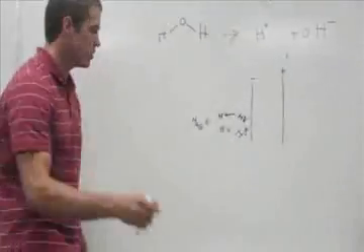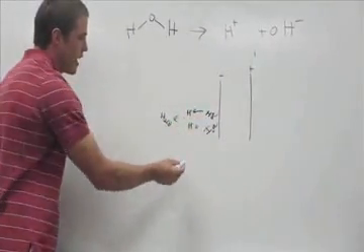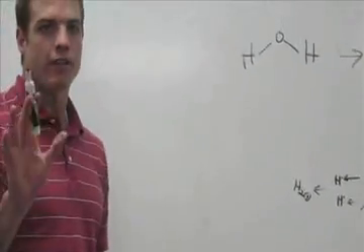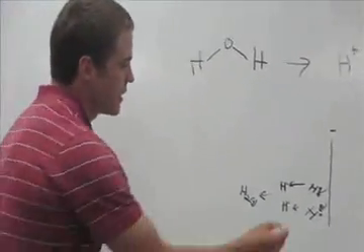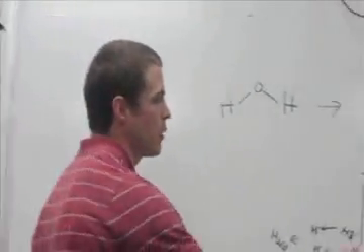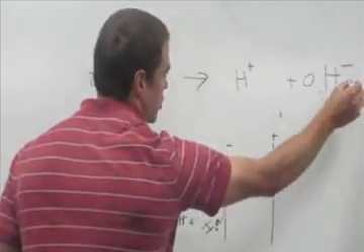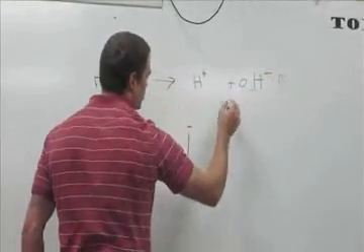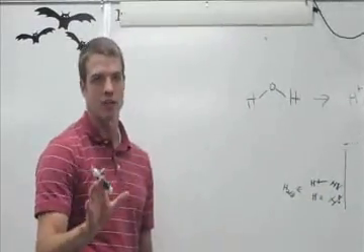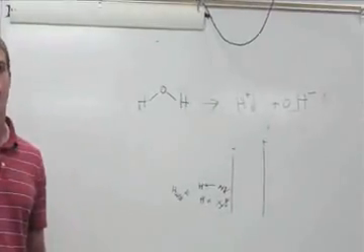But what do we just do? We took these protons and we turned them into hydrogen gas. Therefore, we effectively decreased the amount of protons in the water by making hydrogen gas, which means now we have more of these. So the hydroxide concentration goes up, the proton concentration goes down. And that is why you have an alkaline pH.